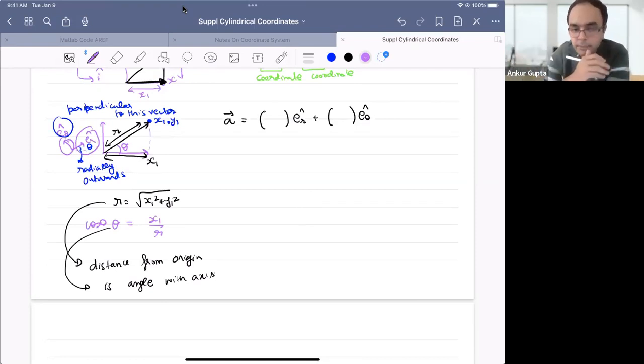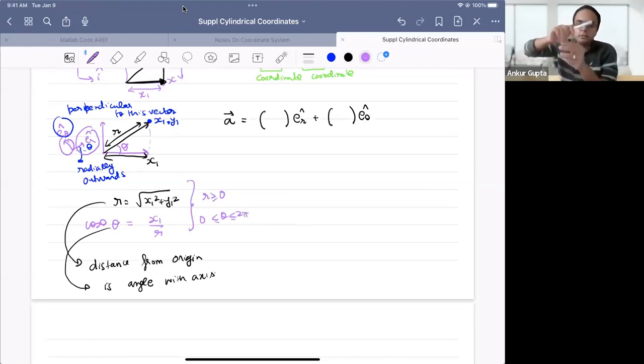So r is greater than or equal to 0, and theta is between 0 and 2 pi. I can complete a full circle by taking theta from 0 to 2 pi.